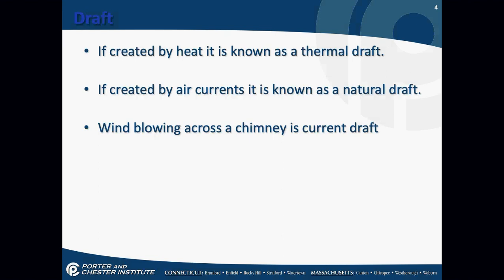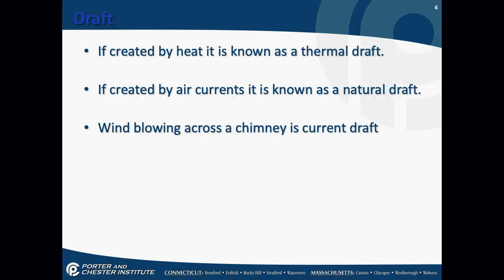If the draft is created by heat, it's known as a thermal draft. If it's created by air currents, it's known as natural draft. Wind blowing across the top of the chimney is known as a current draft, because if you blow wind across the top of a chimney, it's going to alter the draft that's in that chimney.